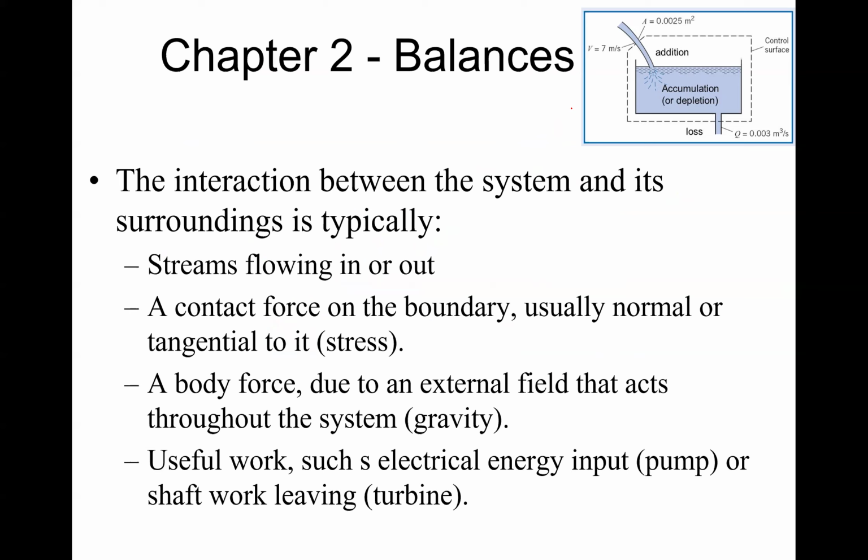We have typically a system that has streams flowing in and out, and you have an accumulation or depletion. For the most part, for this class, we're not going to have accumulation or depletion because most of our problems are pipes, and our pipes are always full. And so we are not going to deal much with accumulation or depletion.